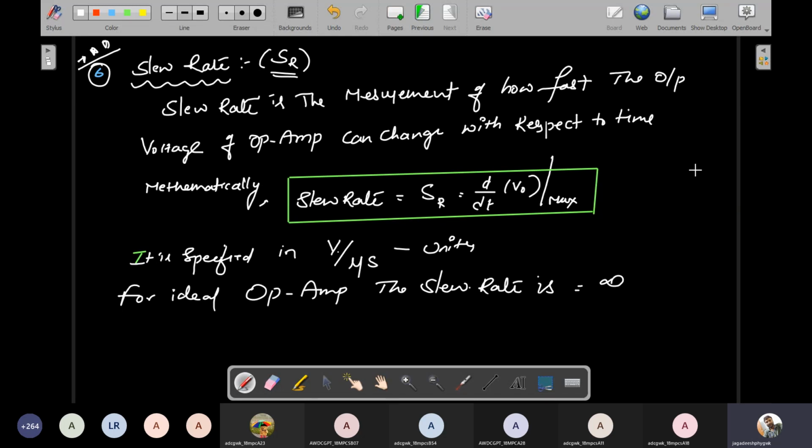Suppose you consider the characteristic curve for a practical op amp once again. In the characteristic curve you learn what the slew rate is. In slew rate, I'm using another curve.